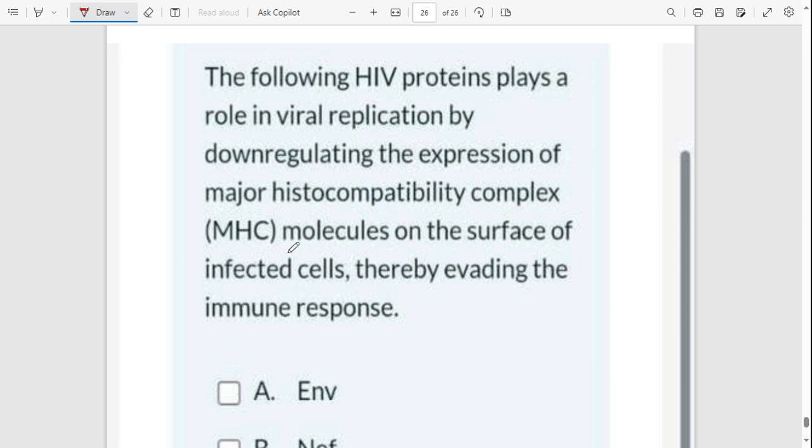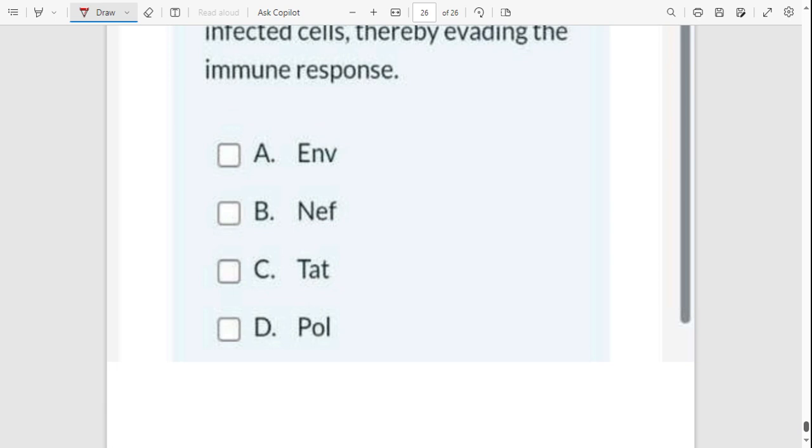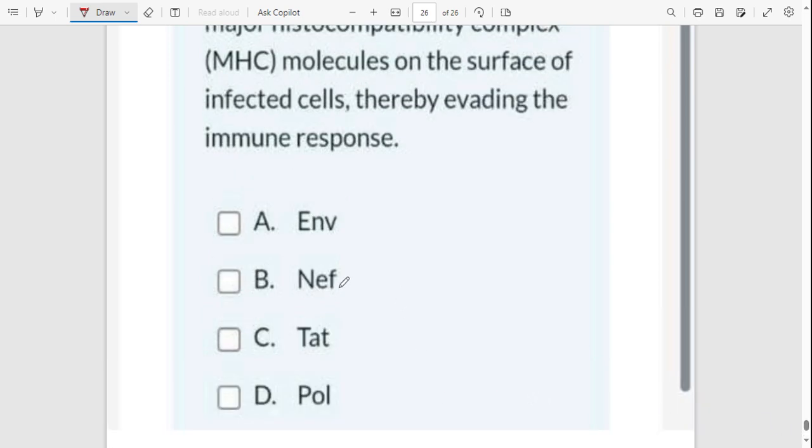When HIV comes in, the MHC class will play a role in making sure that the HIV is tracked and then destroyed. But HIV proteins will make sure that they replicate the virus and prevent the MHC class from working. And that part of the HIV that does that function is Nef.